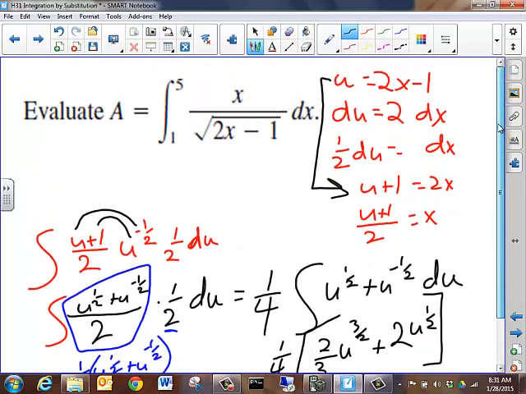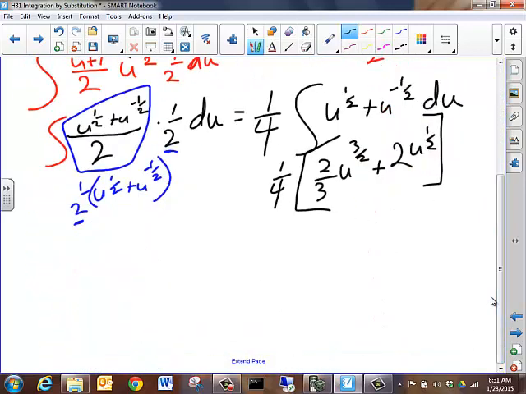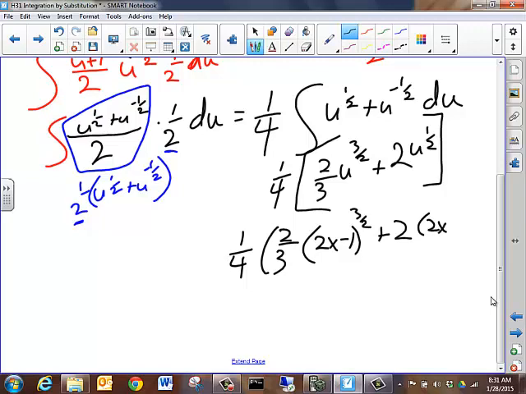What do we need to do then? Plug in the 2x minus 1. Now understand, you can multiply this 1/4 through. I'm not going to yet because I'm hoping life's going to be easier if I don't. 2x minus 1 to the 3 halves plus 2 times 2x minus 1 to the 1 half, and we're evaluating it at 1 and 5.